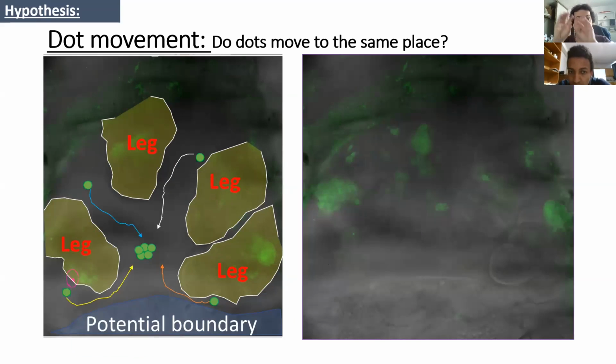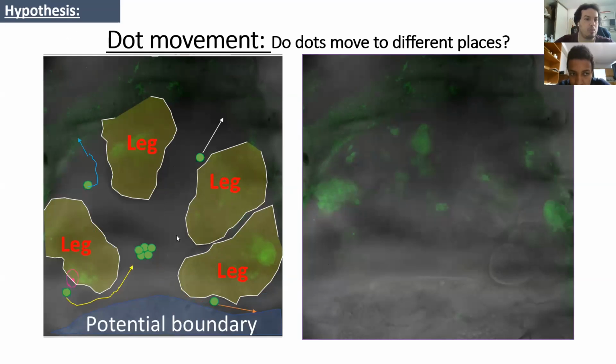Are they moving to the same region? Are they moving in every movie, in every slide? In the first slide, they move to that region and all of them move together, or what is happening? Or are they moving to different regions? They repel each other.